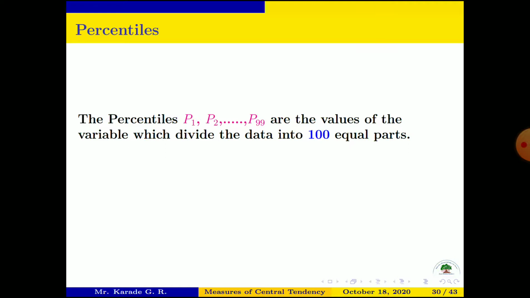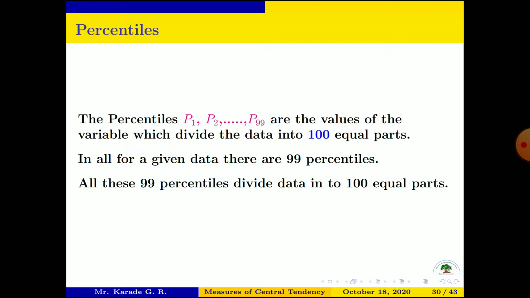So the percentiles for given data are 99 in number, and all these percentiles divide given data into 100 equal parts. In all, for given data there are 99 percentiles. All these 99 percentiles divide given data into 100 equal parts.